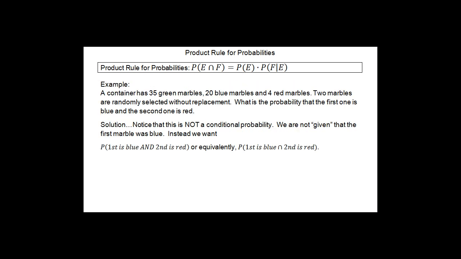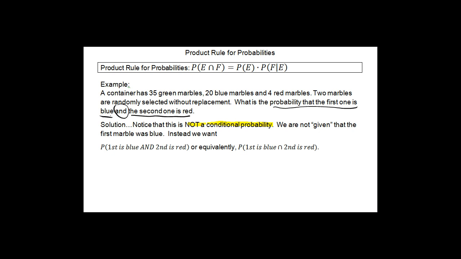The first thing that you have to notice and understand is that this is not a conditional probability problem. It starts off and looks so similar to the problem we worked earlier. But this doesn't ask for a probability of something given some condition, this simply asks for the probability the first one is blue and that the second one is red.